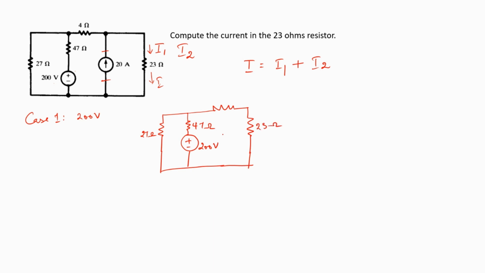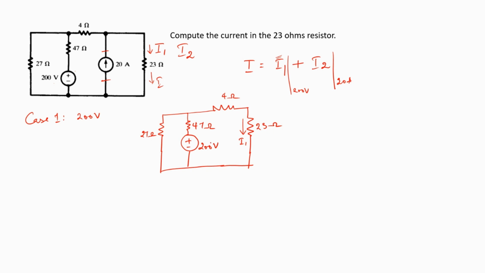So we have conveniently open circuited the current source. I need to compute the current flowing through 23 ohms, which in this case will be the current due to the 200 volts voltage source, whereas I2 was the current due to the 20 amps current source.